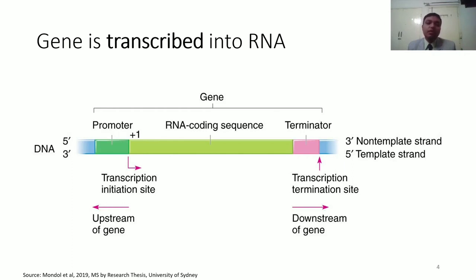This is a DNA dependent RNA polymerase that binds in the promoter region, and then it moves through the RNA coding sequence of the gene. In the terminator region, there is a termination sequence or stop sequence, and there the polymerase dissociates from the gene, and that's how the gene is transcribed into RNA.